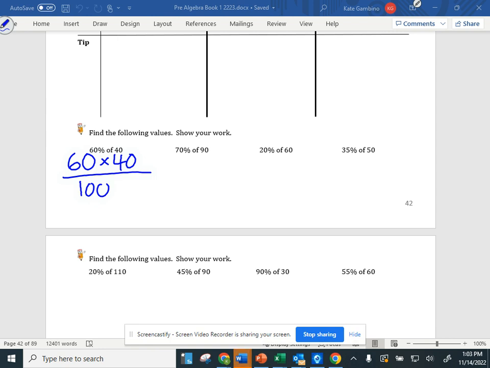So you could just do 60 times 40 divided by 100. So he did 60 times 40, which is 2,400, and then that's over 100.